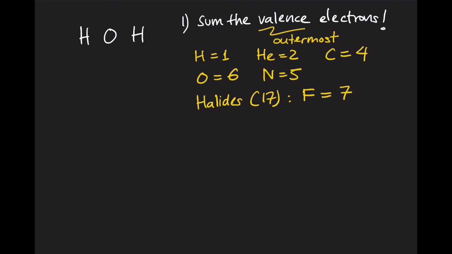From here, you can sum the valence electrons for H2O because we have 2 H and 1 O. So the valence electrons, or VE, will be 1 for the first H, 1 for the second H, and 6 for oxygen. So in total, we should have 8 electrons.